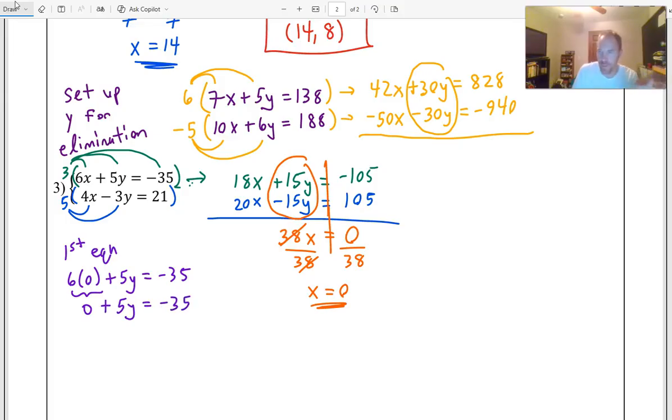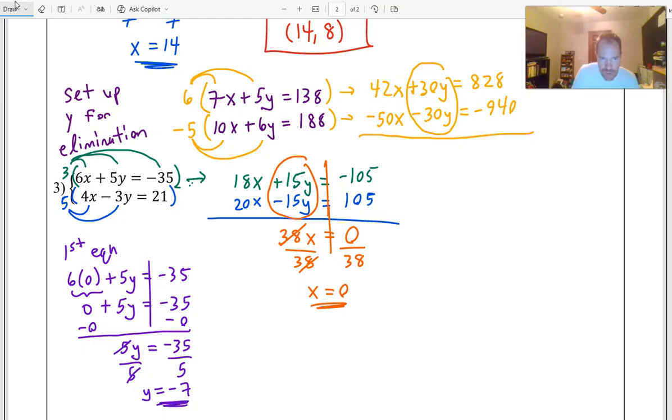But if you remember, back here it was 0y, and I didn't have to bother writing that down. This is just 5y. If you really want to subtract 0, that's the process, but you could just say 5y equals negative 35. Divide by 5, and we're going to get y is negative 7.